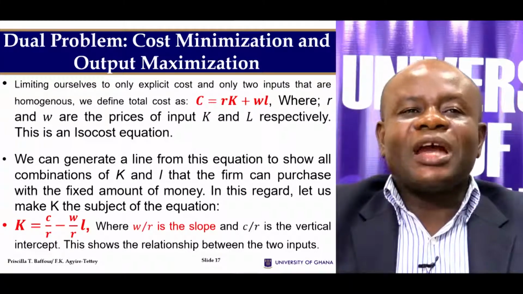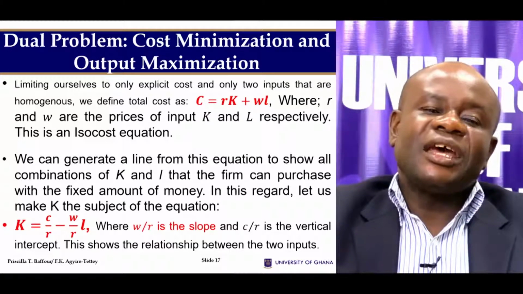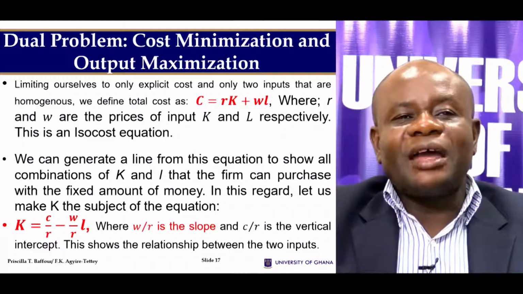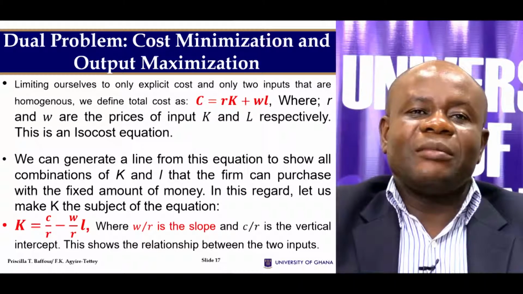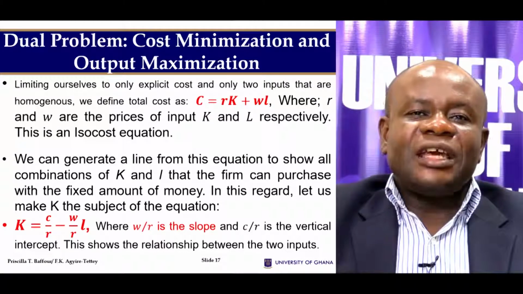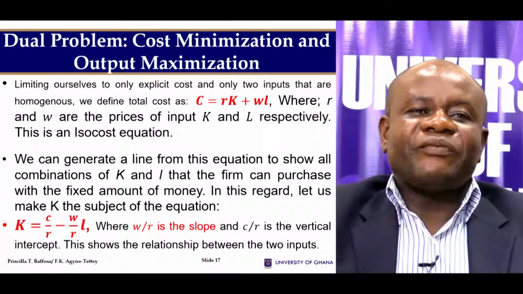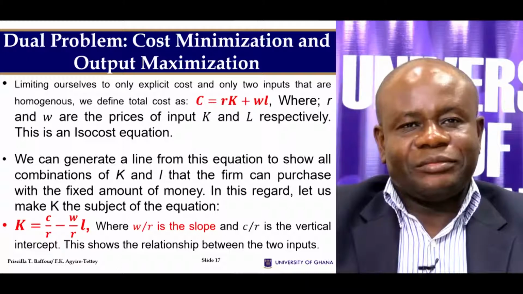In this regard, we can make K the subject of the equation, and our equation then becomes K equals C divided by r minus W divided by r multiplied by your labor. C divided by r is a constant, and it is the vertical intercept, or the intercept on the vertical axis.